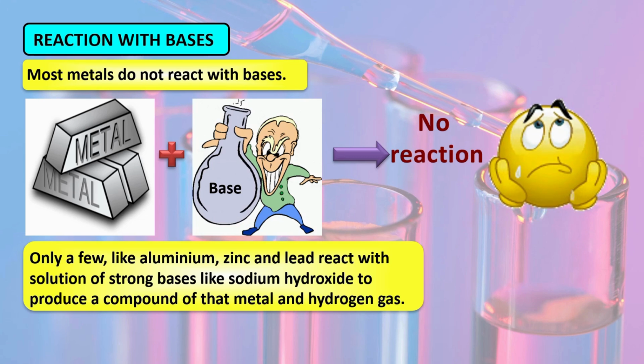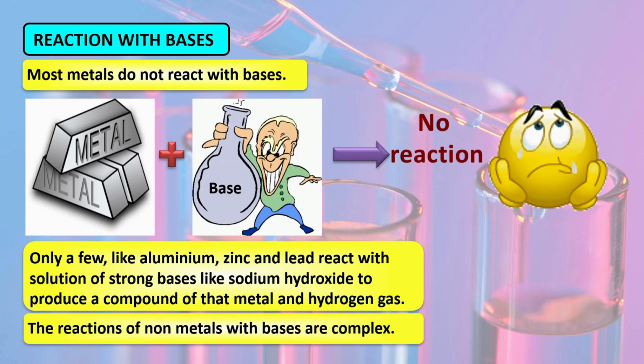Only a few, like aluminium, zinc, and lead, react with a solution of strong bases like sodium hydroxide to produce a compound of that metal and hydrogen gas. The reactions of non-metals with bases are complex.